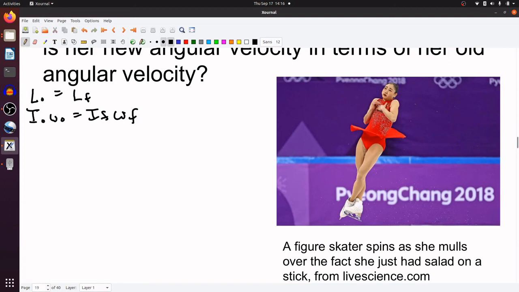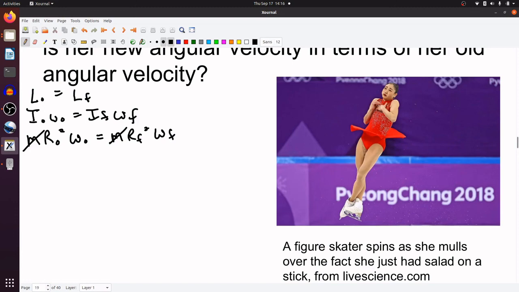Not a lot of information, but we assumed it's treated like a point particle. So I can say m r naught squared for its I, omega naught, equals m r f squared for its I, omega f. Oh, yes, mass goes away. Didn't have it to begin with.